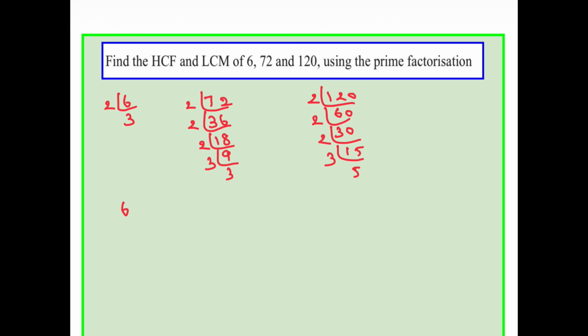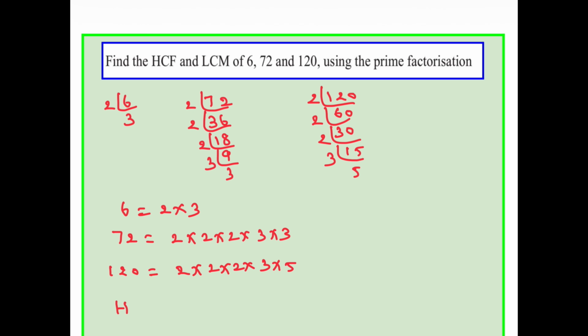Now 6 can be written as 2 into 3. 72 can be written as 2 cubed and 3 squared. 120 can be written as 2 cubed into 3 into 5.